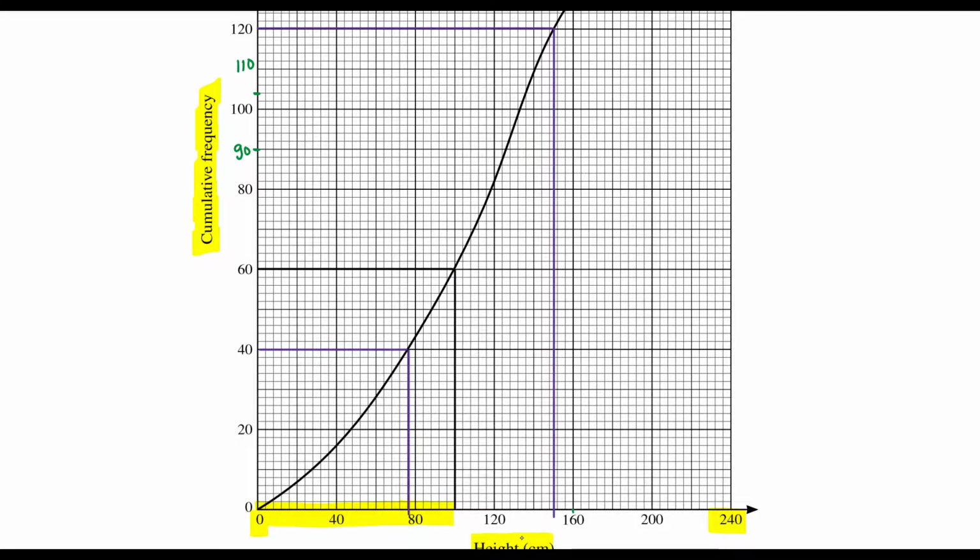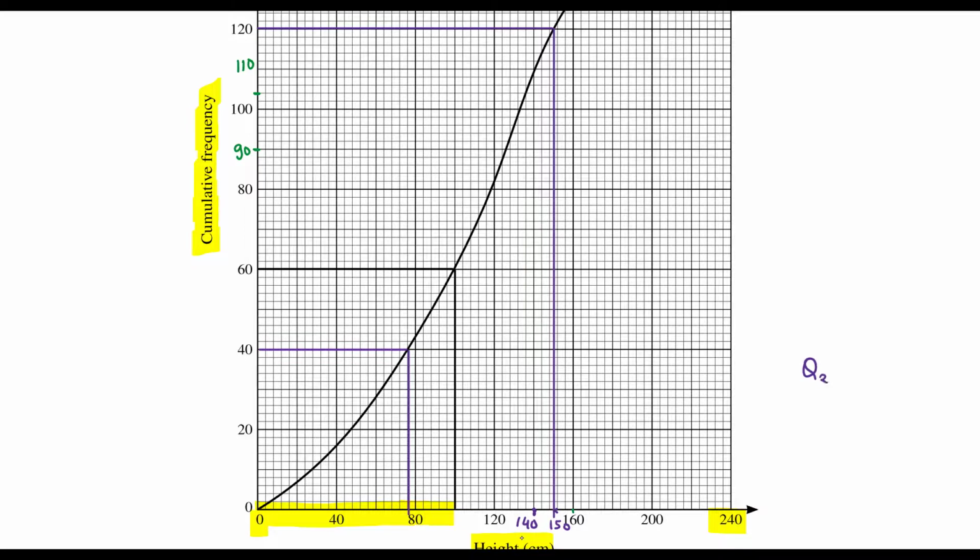So for Q3, we have seen 140, and it is in between 140 and 160, so we can approximate because it is an estimation. We can take it as 150.